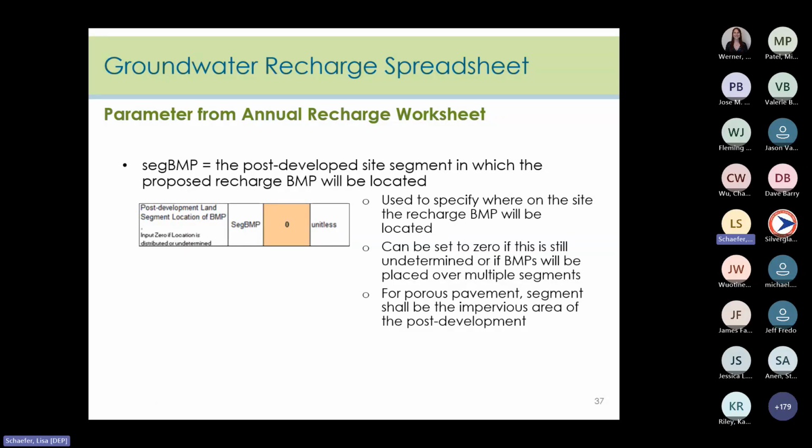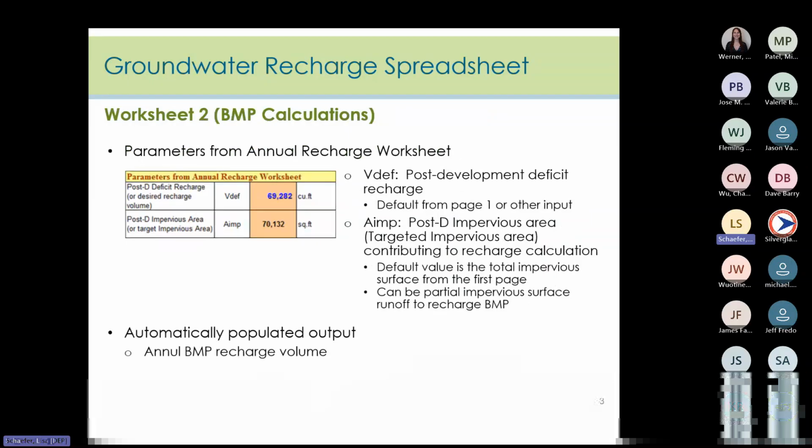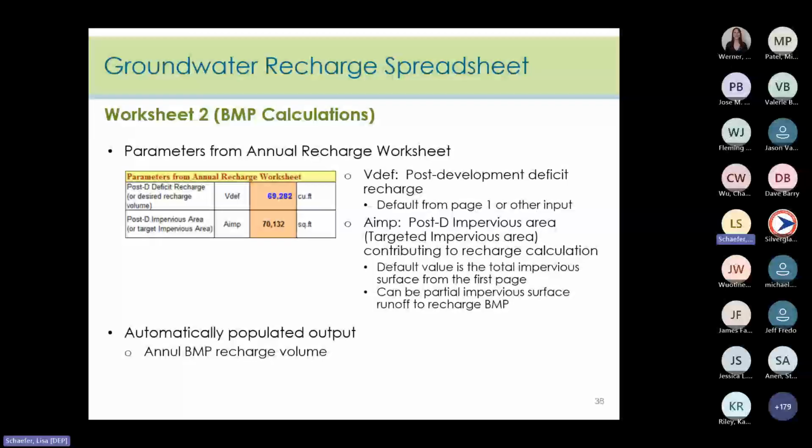So let's talk about the variables shown from the other red boxes that were on the previous slide. VDEF is the post-development deficit recharge by default, and it is the post-development annual recharge deficit from the first worksheet. However, there are some instances in which it can have different values.